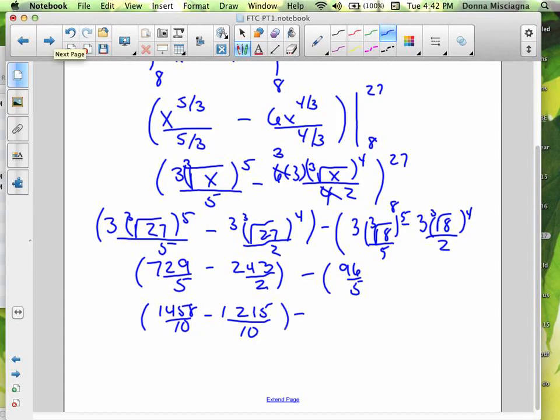So that's going to be 192 tenths. And then 2 to the 4th power is 16, times 3 is 48, so 48 halves. And times 5 is going to be 240.